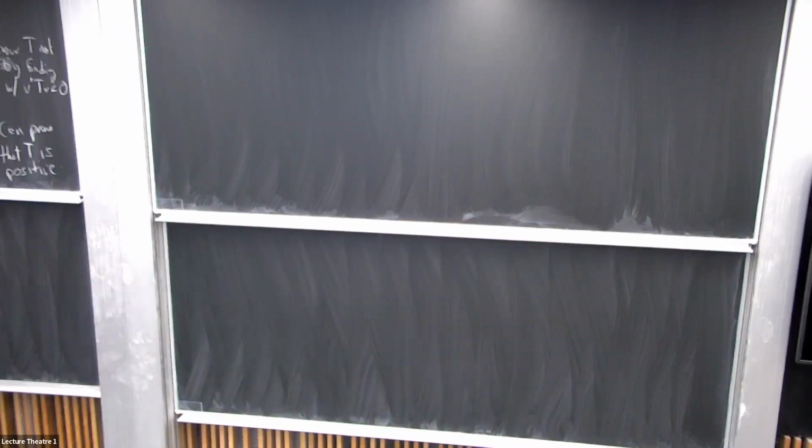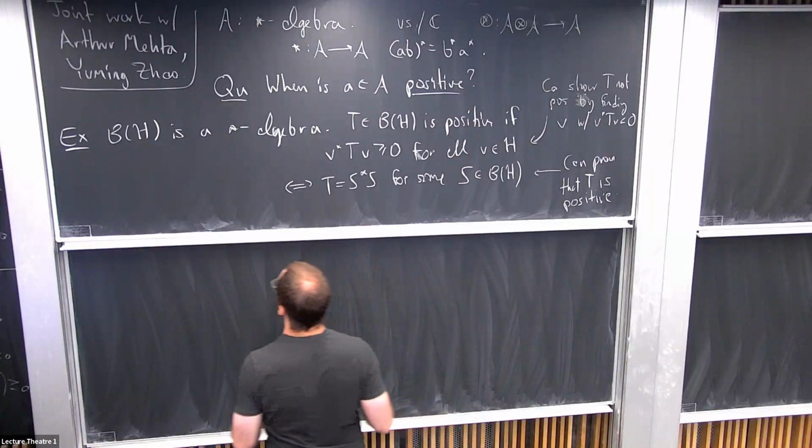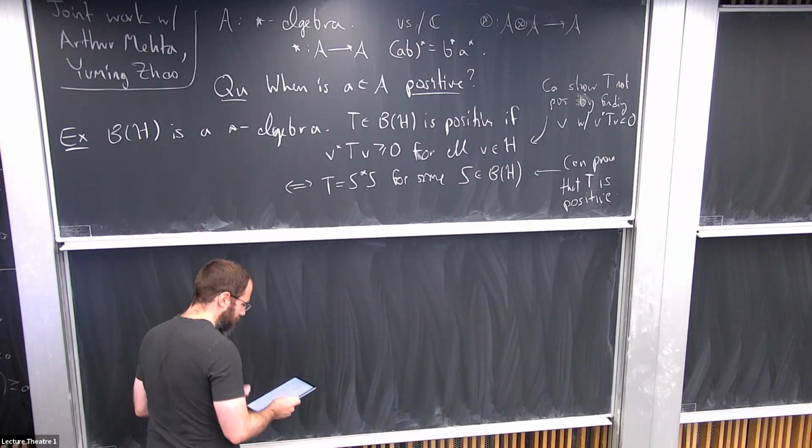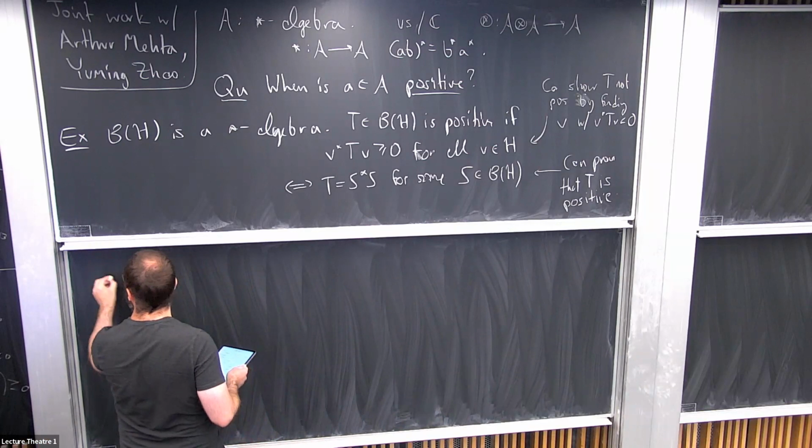Okay. So now back to the general case, what does it mean for an element in a star algebra to be positive? Well, there are two possible definitions we could give.